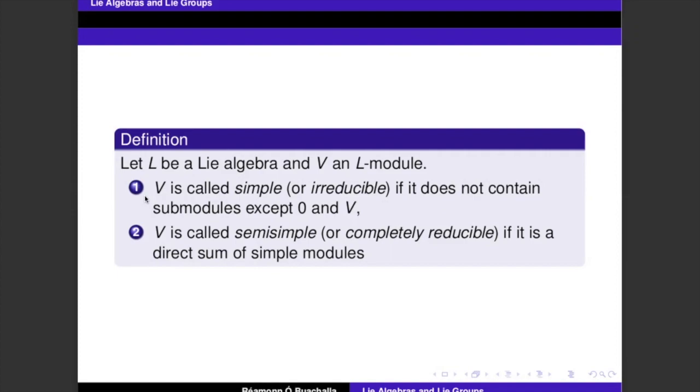A semi-simple Lie algebra was defined in terms of ideals, and then we showed that if it was semi-simple, we could decompose it into a direct sum of simples. So this week we're going to look at the same idea, but for representations.